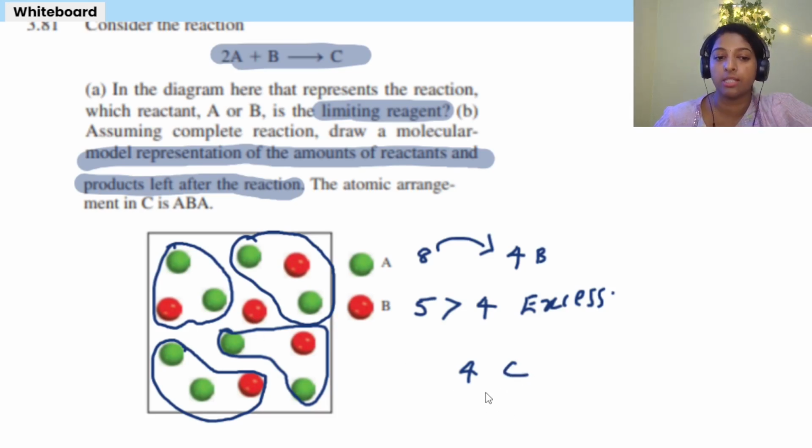B is in excess. After the reaction, 1 B is there. So B is the excess reagent. Okay. So this is what they meant.